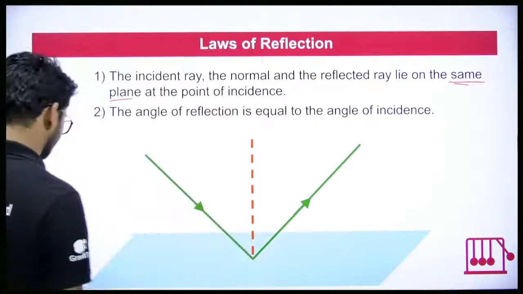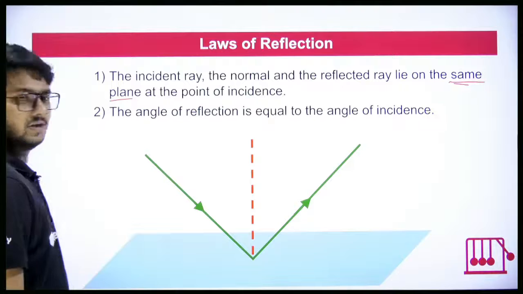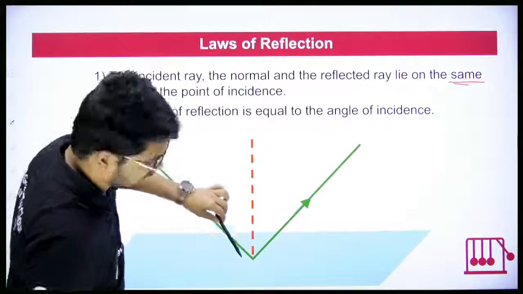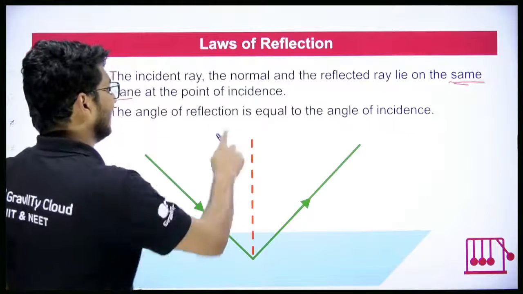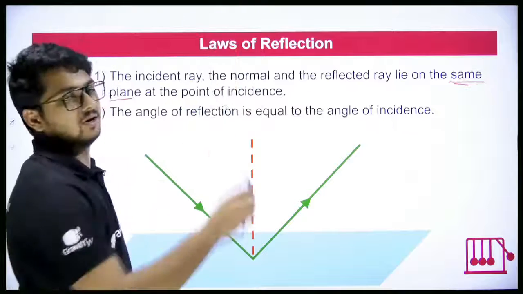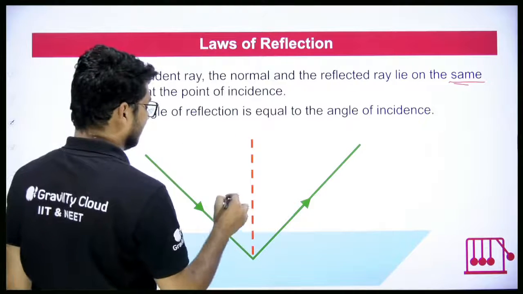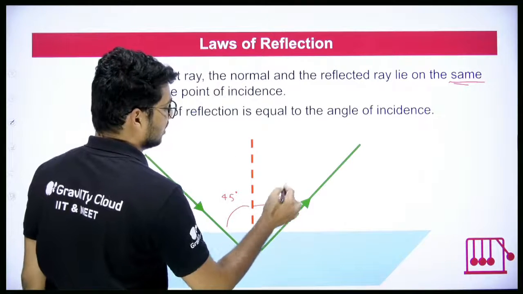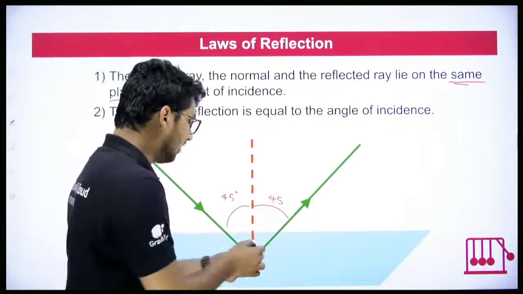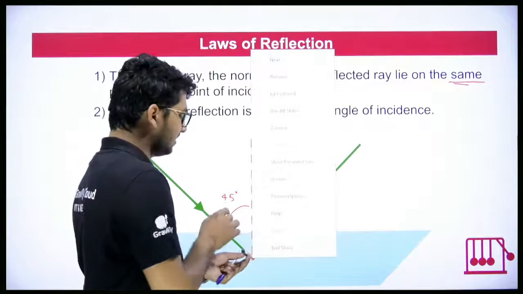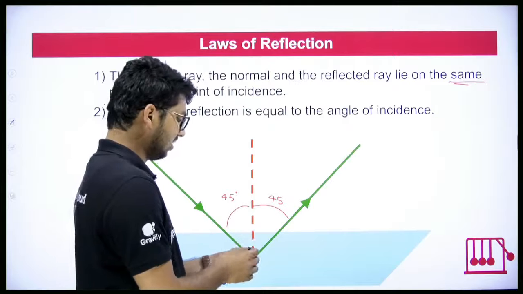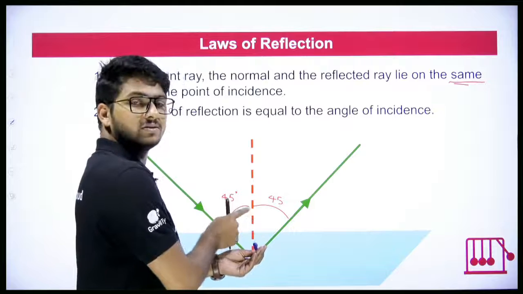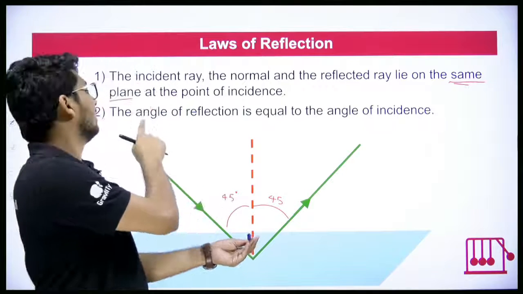I'll give you another example. We'll come back to the laws of reflection. This is the incident ray, sorry, and this is the normal. The second law tells that the angle of reflection is equal to the angle of incidence. Let's say this angle is 45 degrees. So the angle of reflection should also be 45 degrees. But if I take the normal in this way, such that the angle is 45 degrees, then the second rule will also be valid.